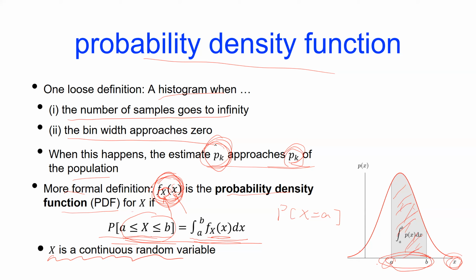For example, if I ask what is the probability of this capital X taking a value in the range of A and B, that will equal the integral of this density function from A to B, basically the area size. All right. I hope everybody gets the concept. And the probability of each individual point will be 0. We only care about the area.